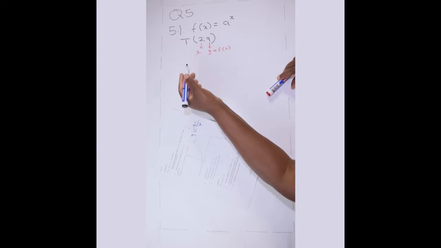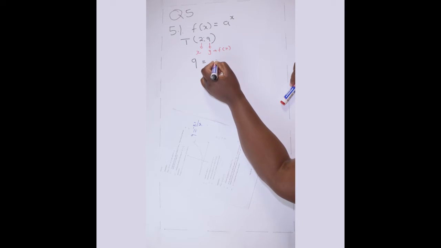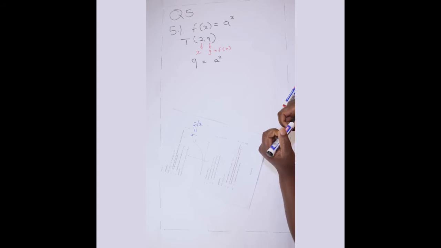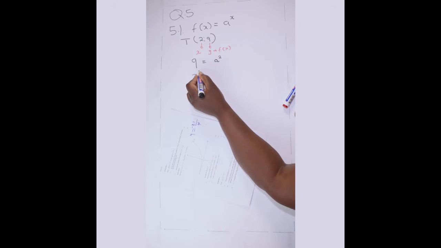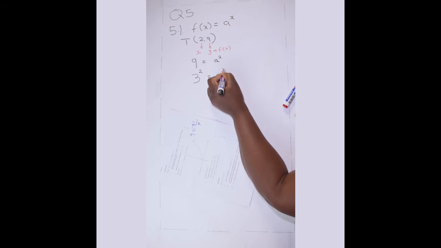So f(x) is 9, equals a, and our x is 2. For us to get it correct, we have to change 9 to have the power of 2. In exponent rules from lower grades, we know that 9 can also be written as 3^2, which is now equal to a^2.